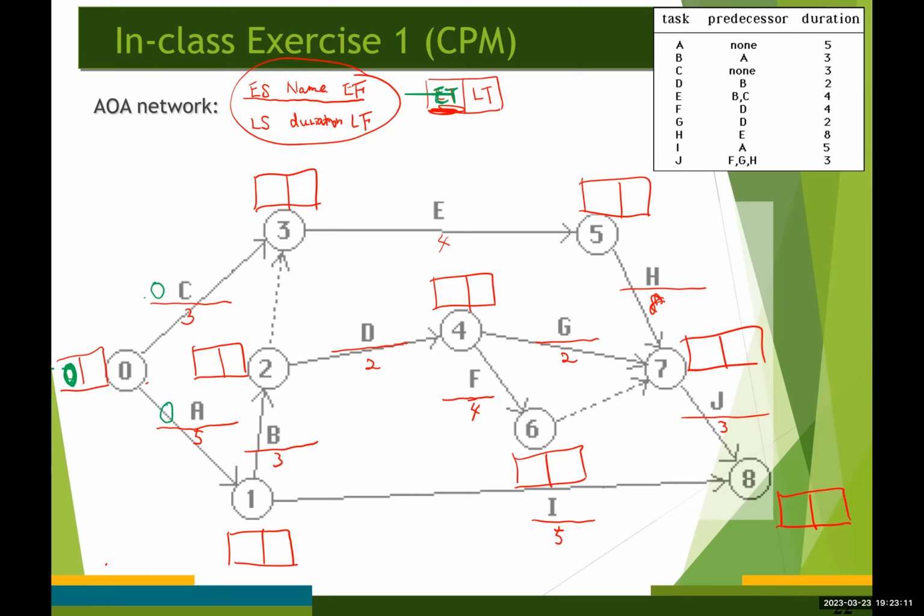And the earliest finish time for activity A is going to be 5, right? Because it's the start time, which is 0, plus its duration, which is 5. So 0 plus 5 becomes 5 down here. Similarly, the earliest finish time for activity C is going to be 3, 0 plus 3 becomes 3, all right?